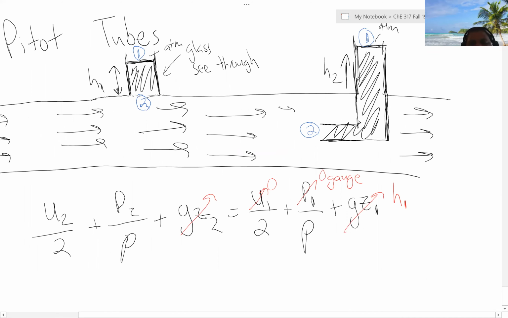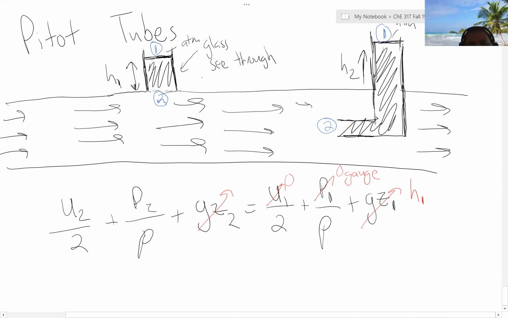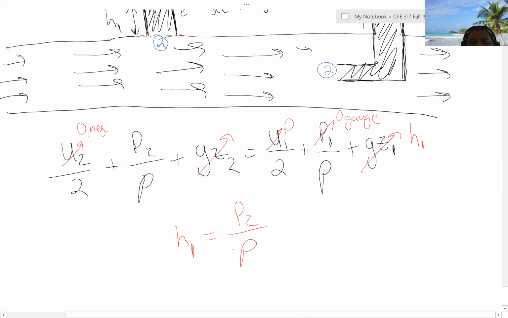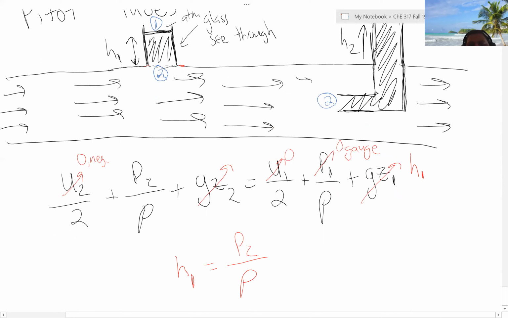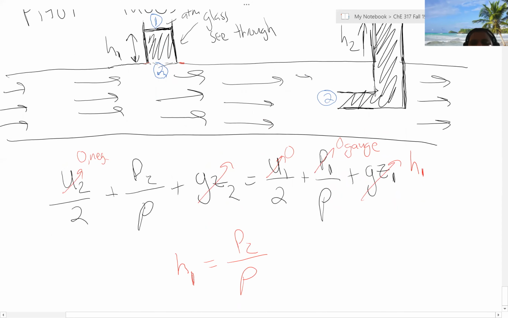And U2 is at the exit, since it's just sticking out, so the velocity there is going to be fairly negligible, because I'm looking really close to that wall. So I'm going to say this is negligible. What this tells me is that the height I'm seeing off of that first tube is simply a measure of the pressure energy in my fluid system.